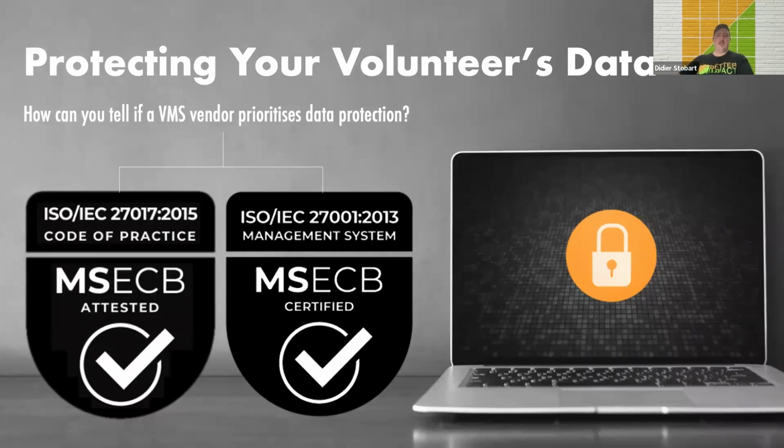ISO certification means that the VMS vendor respects all the best practices and principles enshrined in the international standard. Having the actual certificate rather than simply following the guidelines is an important distinction, because it means the vendor has been audited by an independent body once a year to make sure the standards are being met.